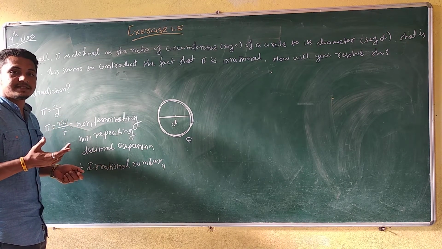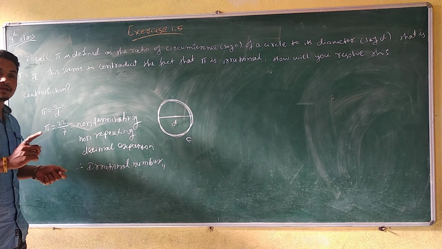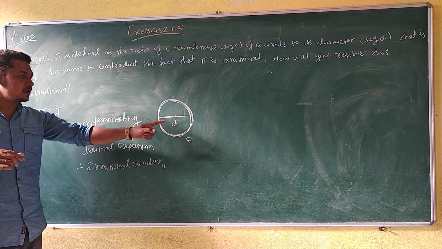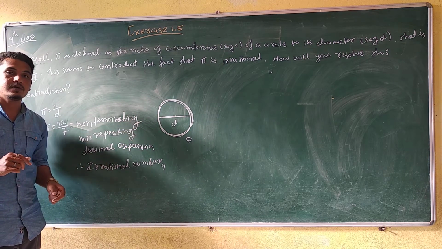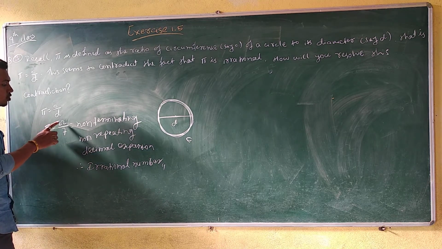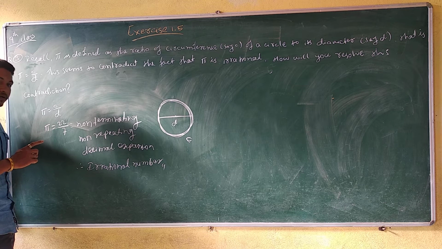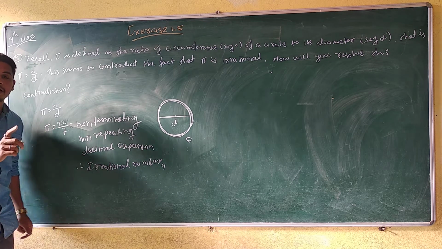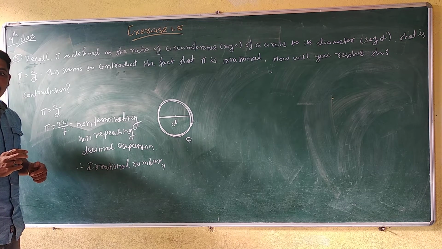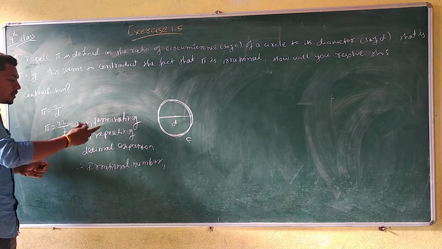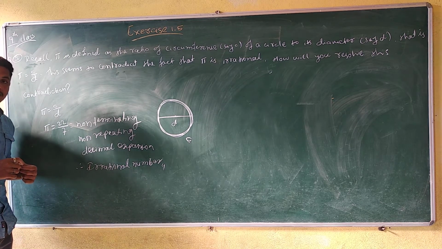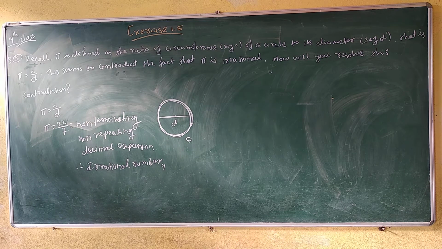Which value is it? 22 divided by 7. After solving 22 divided by 7, your quotient will be a non-terminating, non-repeating decimal expansion, and you know that a non-terminating, non-repeating decimal expansion is an irrational number. Please note this down.